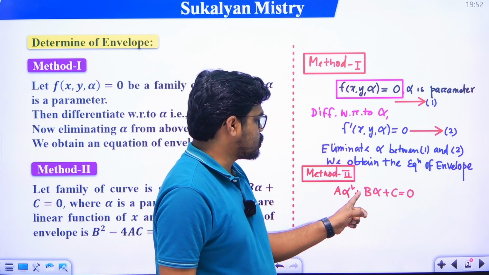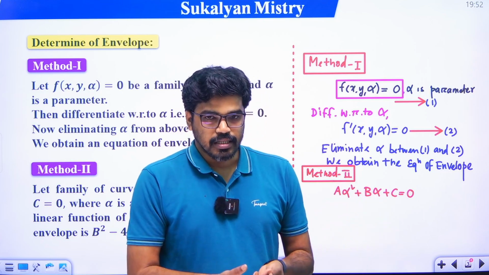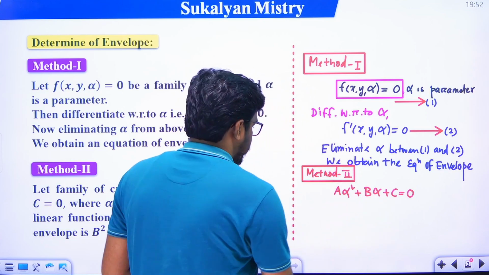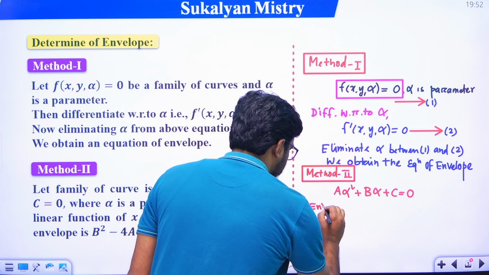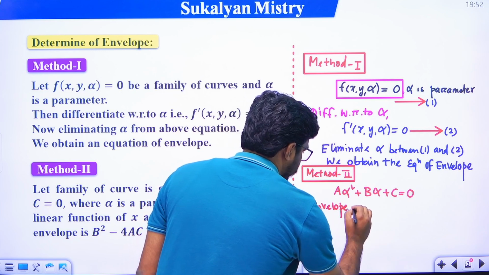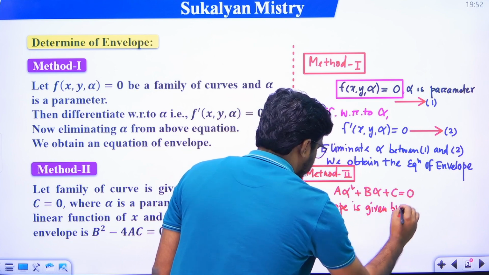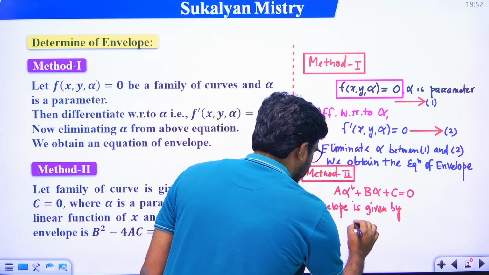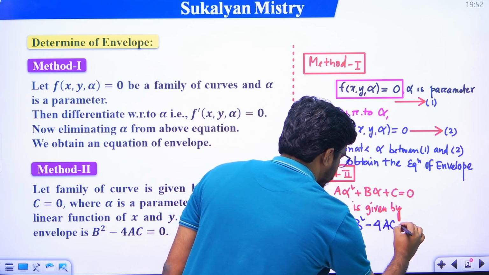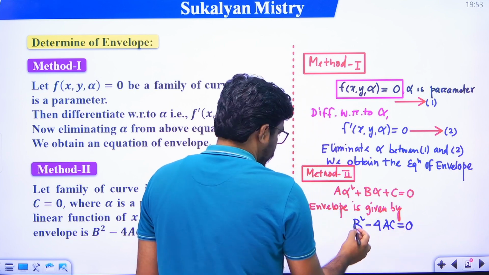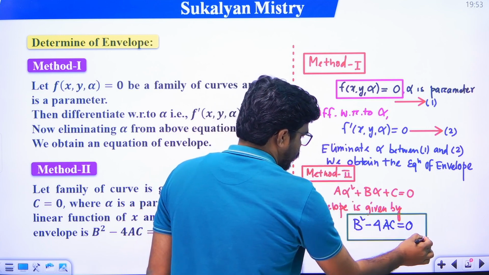Then the envelope is given by this relation: b square minus 4ac is equal to 0.